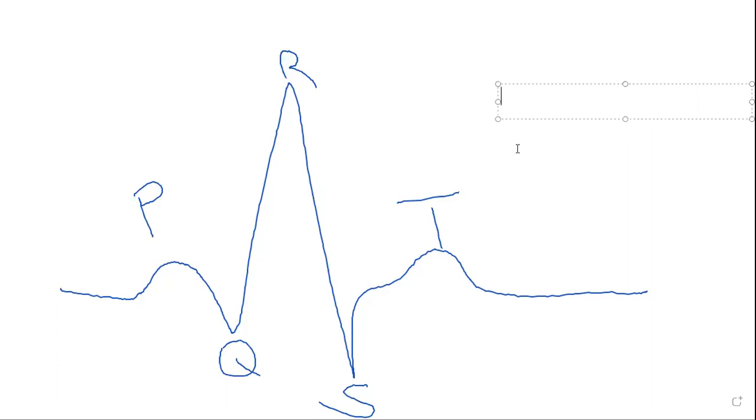Let's remember what has to happen in the heart during one heartbeat. The first thing, our atria contract. And we're not even getting into the nitty gritty. First, the atria contract, correct?